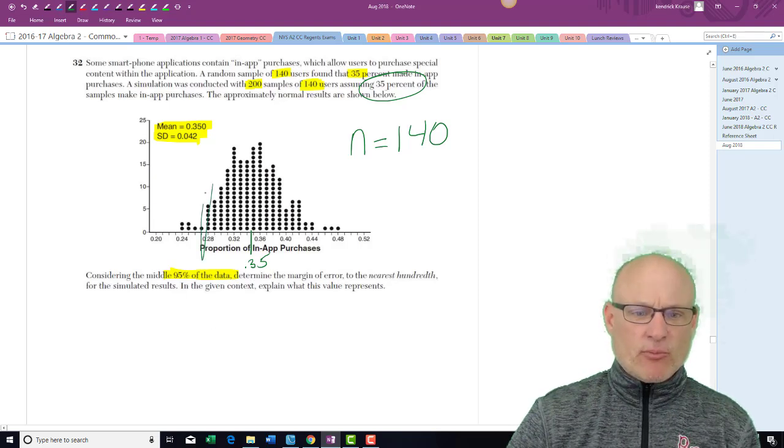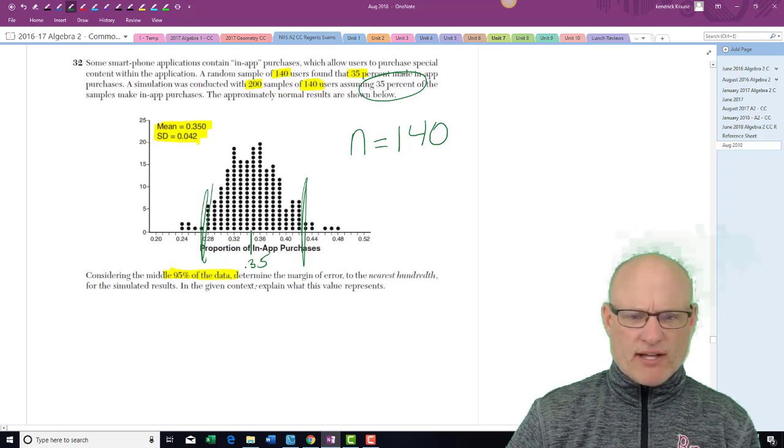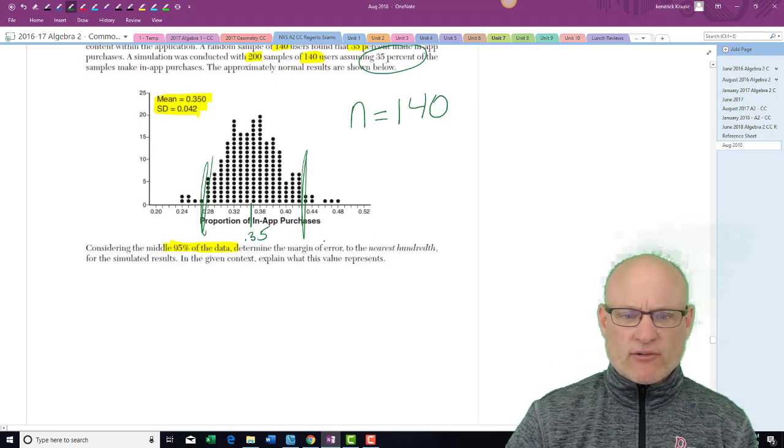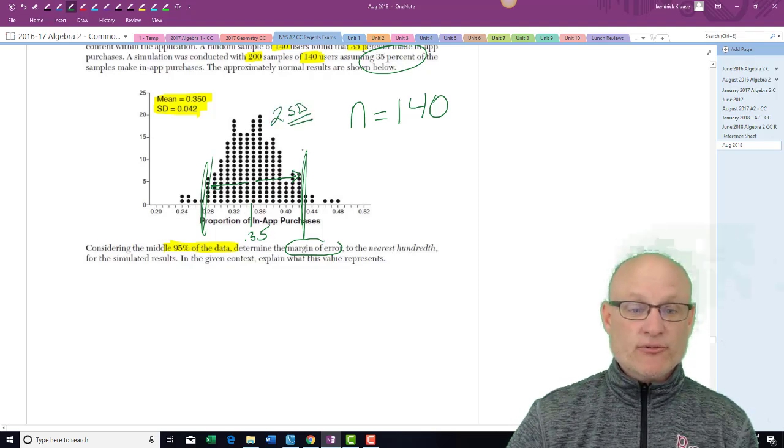And we're going to go out a little bit here and out a little bit here for, I believe, they're asking for margin of error, right? Look, they're asking for margin of error. So my margin of error for 95% should be somewhere about that. Well, remember, this is 2 standard deviations.